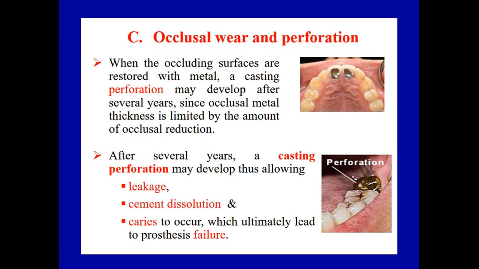When the occluding surfaces are restored with metal, a casting perforation may develop after several days, since occlusal metal thickness is limited by the amount of occlusal reduction, which means insufficient occlusal reduction will result in insufficient metal thickness, and the complication will be wear and perforation.